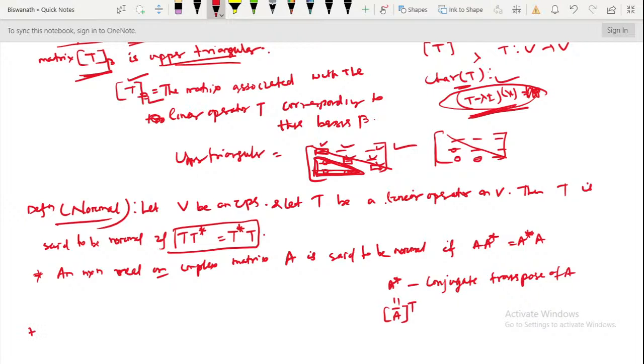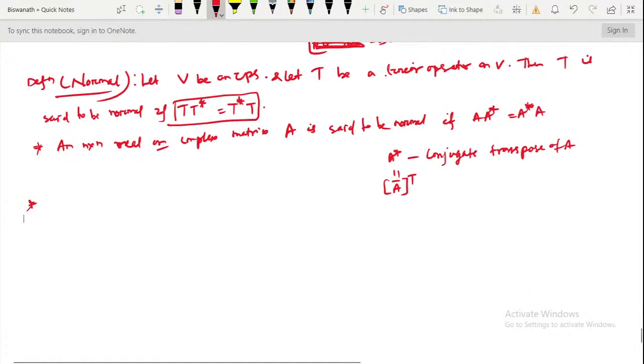And then make another note here. A linear operator T is normal if and only if the matrix T_beta is normal.